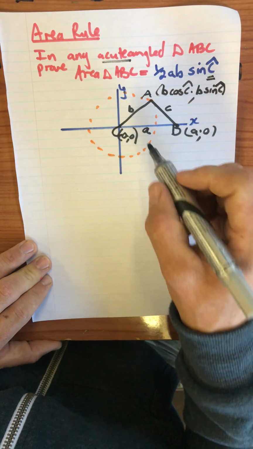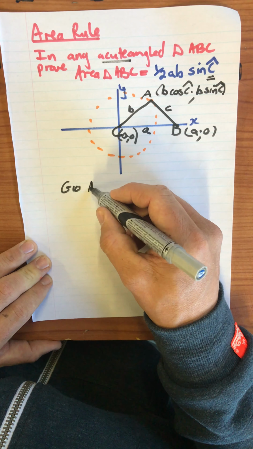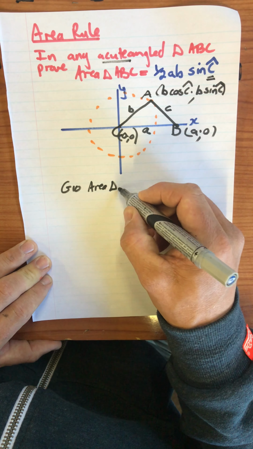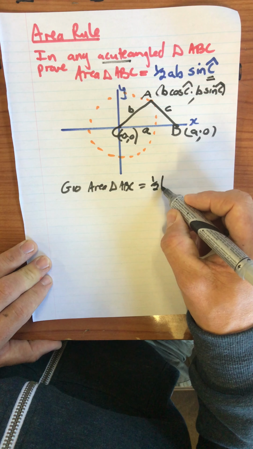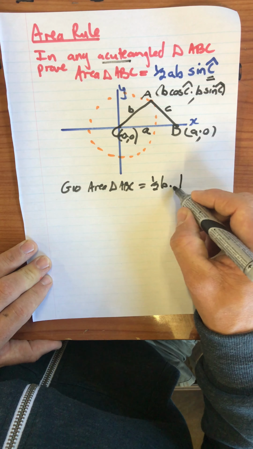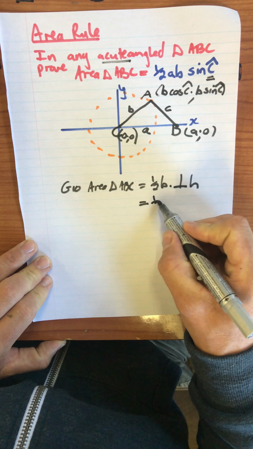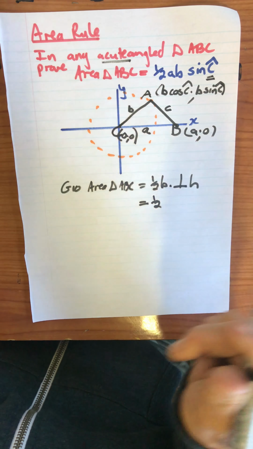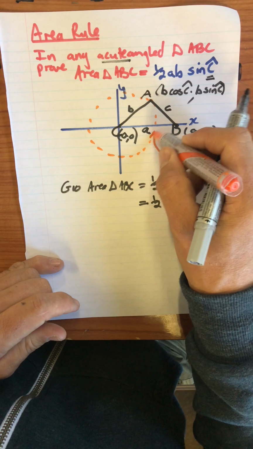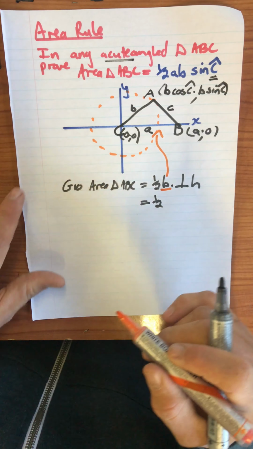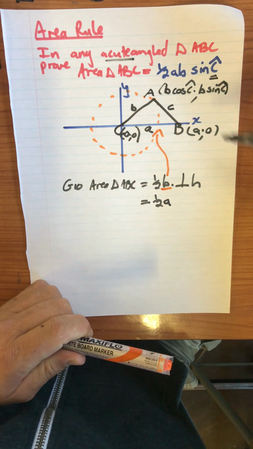If we think of a triangle from grade 10, we know the area of a triangle ABC is equal to a half base times perpendicular height. Here we have half base. What is my base? Here we're resting on the base of the triangle, which is a, and perpendicular height.